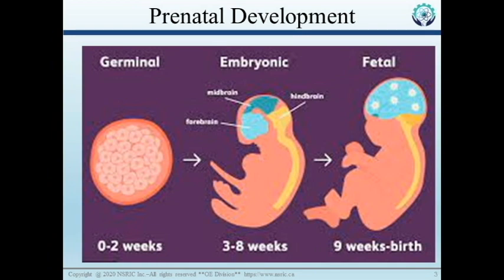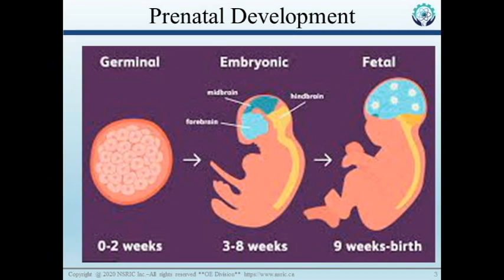From these layers sprout the building blocks of life, our organs, our tissues, and the structures that form the individual. And the vital organs, including the heart, the nervous system and limbs, begin to take shape during this transformative period between weeks 3 to 8.